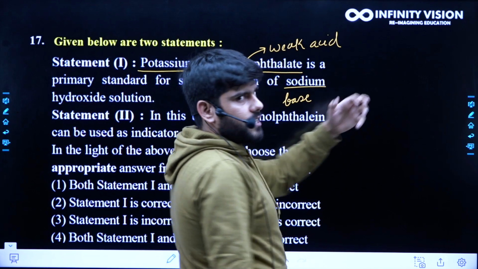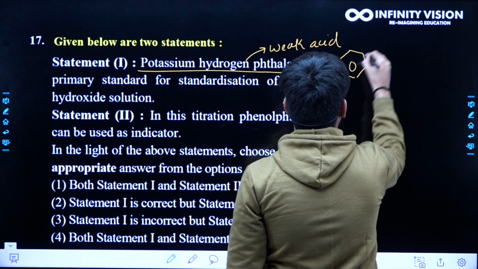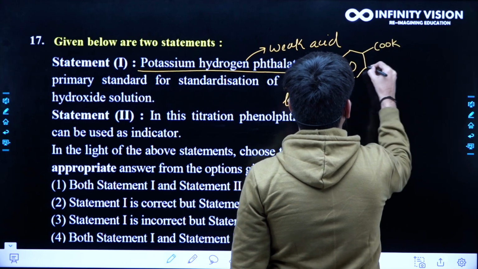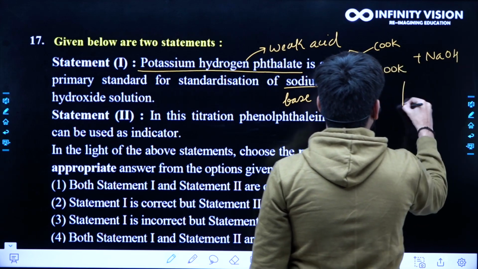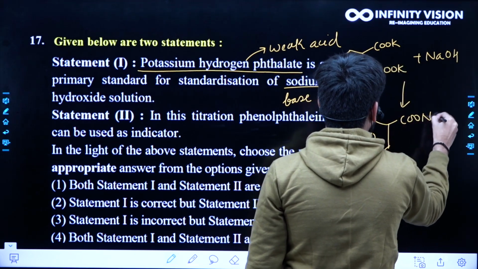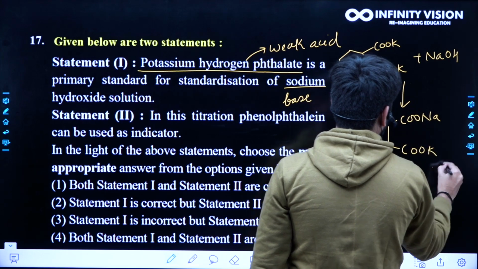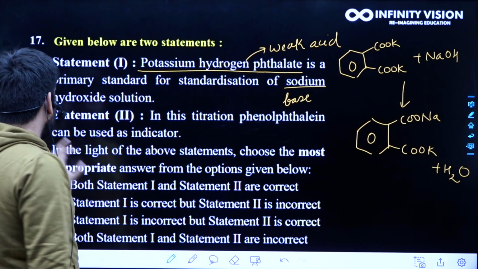The concentration is determined, right? And what is the reaction? We have potassium hydrogen phthalate. When it reacts with NaOH, what do we get? We get something of this sort plus H2O. So this statement is absolutely correct.